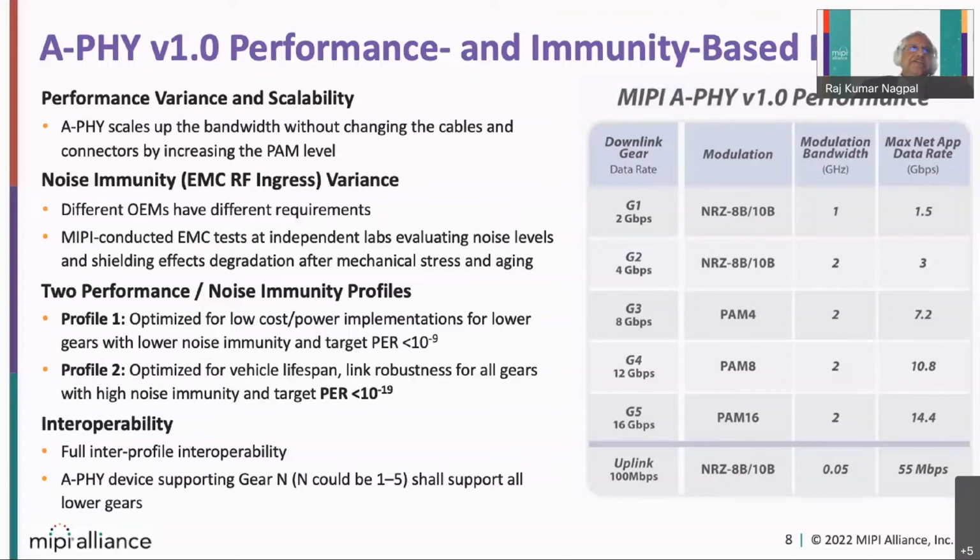Okay. There are two main primary profiles supported by this A-PHY 1.0. Profile 1 is basically our low cost power optimized solution, which is primarily supporting NRZ, which is gear 1 and gear 2, and the targeted packet error rate is 10⁻⁹.